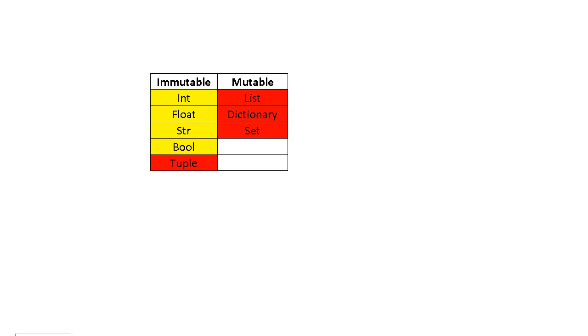So in a nutshell, those objects which are of single element type, and tuples, are immutable objects, while list, dictionary, and set are mutable. The ones highlighted in red are the objects which have more than one element, and the ones highlighted in yellow are those objects which are single element objects.